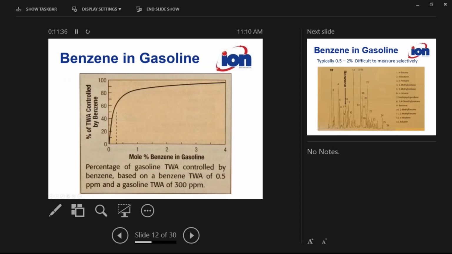Here I've plotted on the x-axis the mole percent of benzene in the gasoline. Sorry, let's go back. This is the percent of the TWA controlled by the benzene, and that's shown by this line right here.